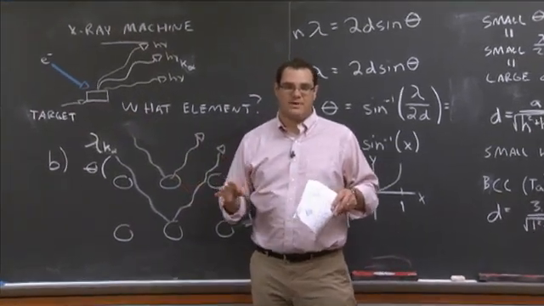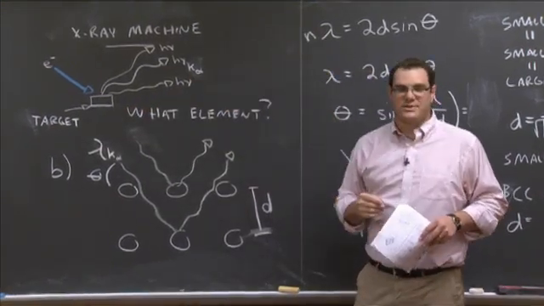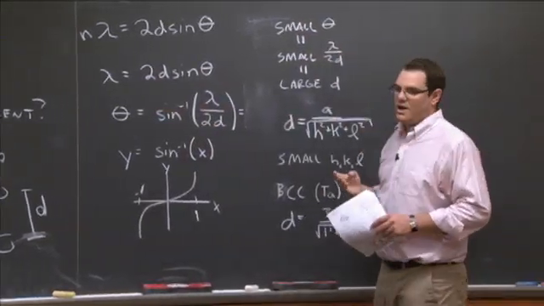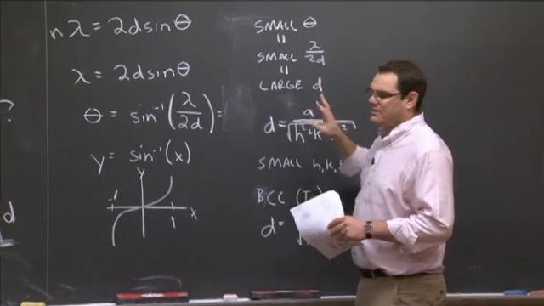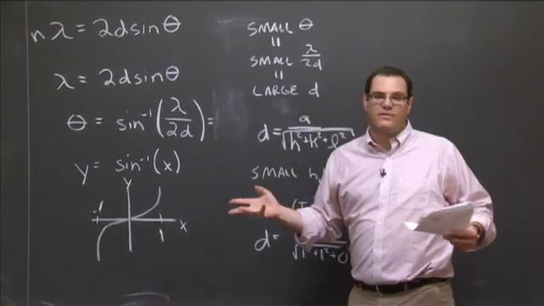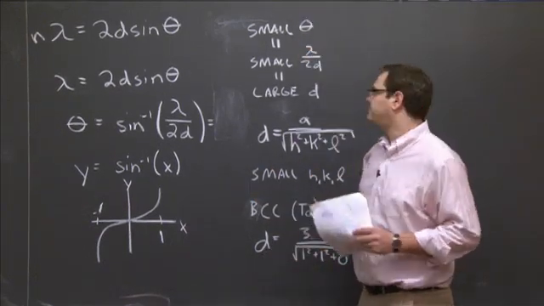It's set by that material. We have K alpha coming off, which is characteristic of titanium. So we can't use lambda as a knob. The only thing we can mess around with here is d. So we want a large d to minimize this and to minimize your theta.